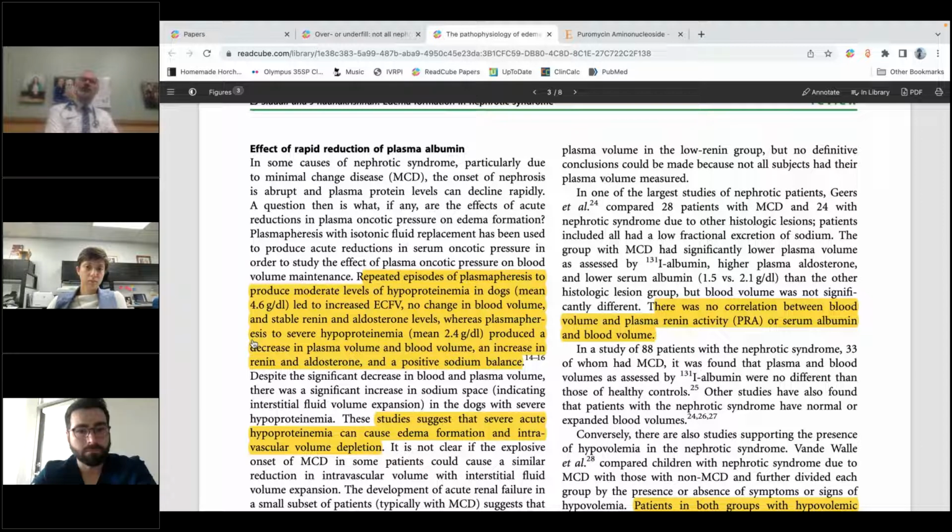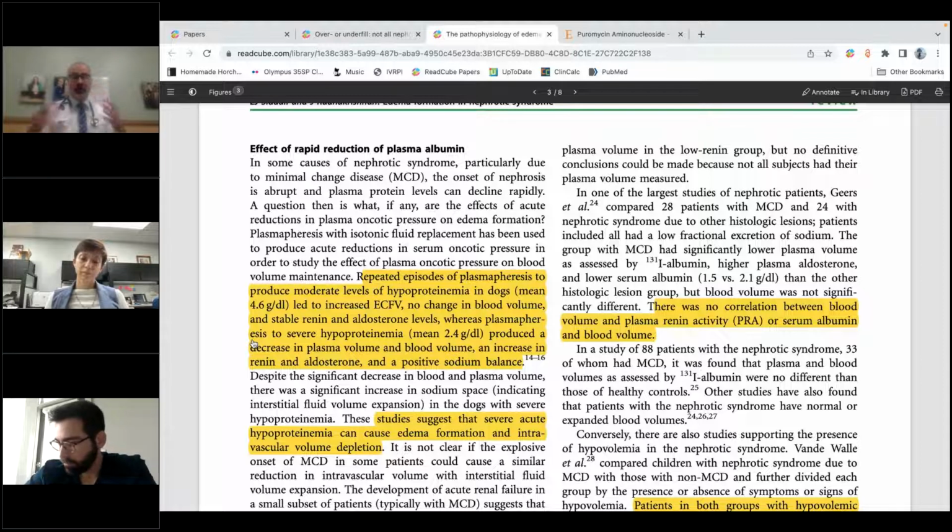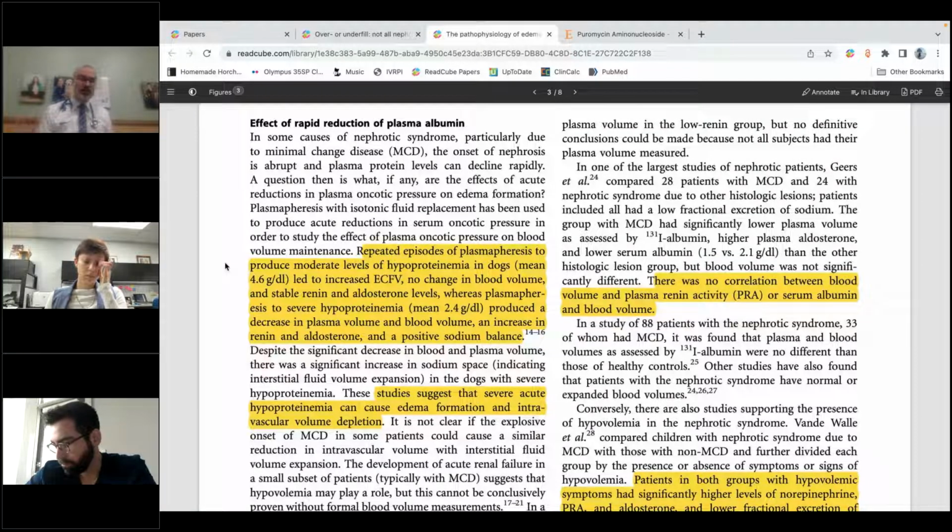In veterinary medicine, more of the patients have had minimal change disease associated with some type of drug therapy, often chemo drugs or some other medication, but it's usually drug related. We have had some cases that seem to be idiopathic. So they're bringing up, well, what if you have an acute minimal change disease episode that causes acute hypoalbuminemia?